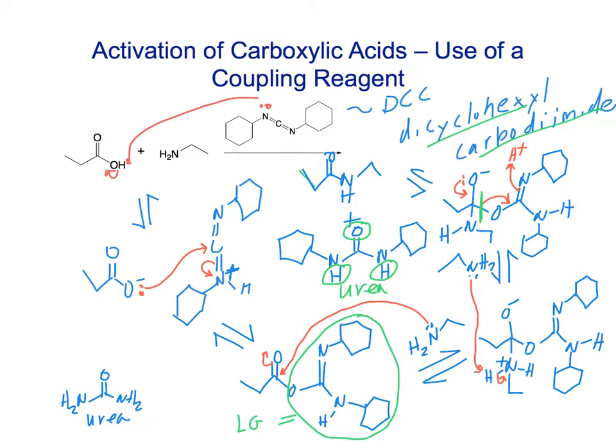Right, so that functional group is called a urea. Okay, so what we've done in a lot of complicated steps here is we've used this coupling reagent to make a better leaving group and essentially pull a water molecule off of that carboxylic acid.